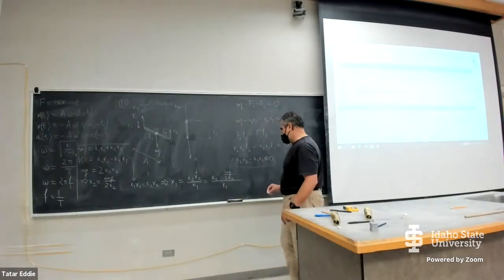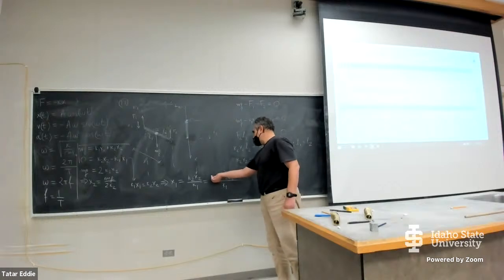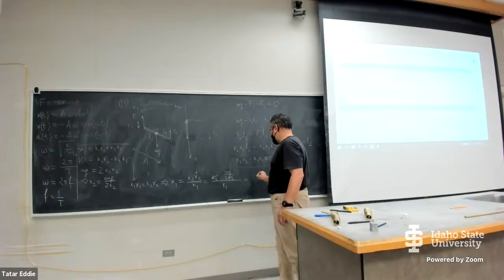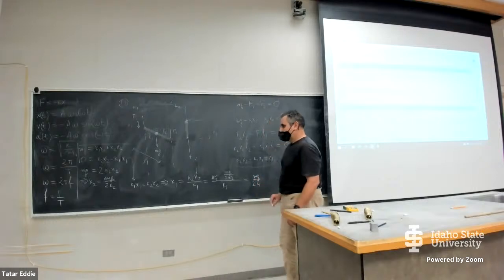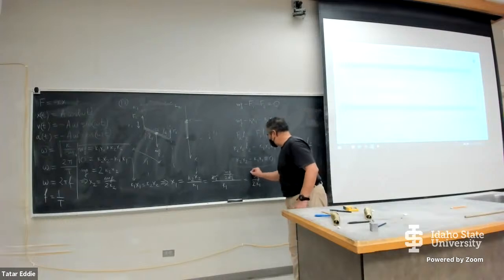So let's see what's going to come out of this. So k2 here and k2 cancel out. So this x1 happens to be exactly mg divided by 2 times k1. It is pretty much the same expression as this.